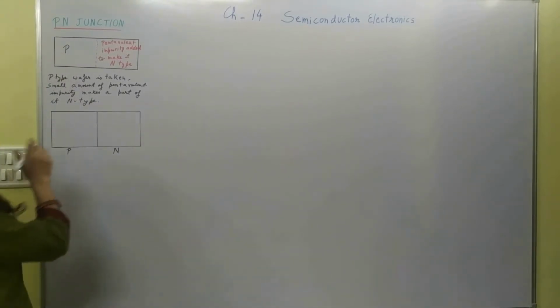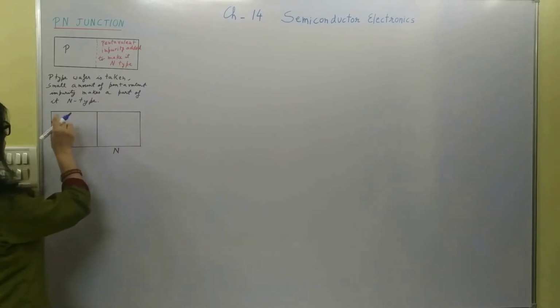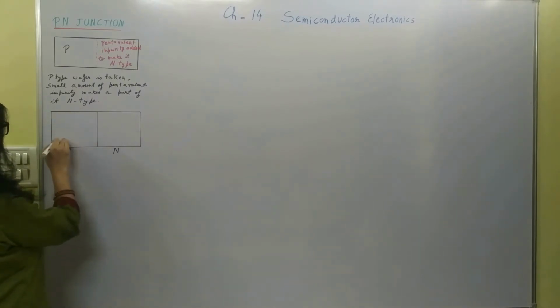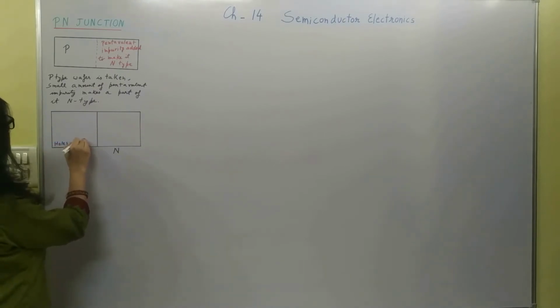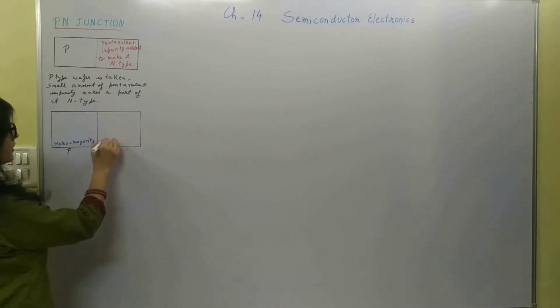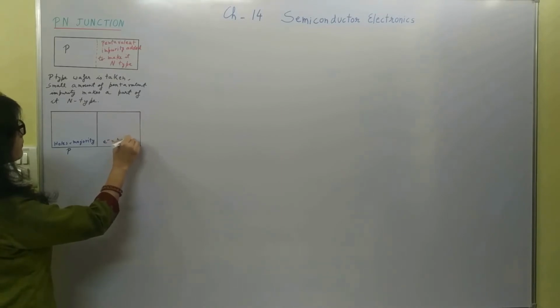And on the P side, holes are majority carriers, and here electrons are majority.